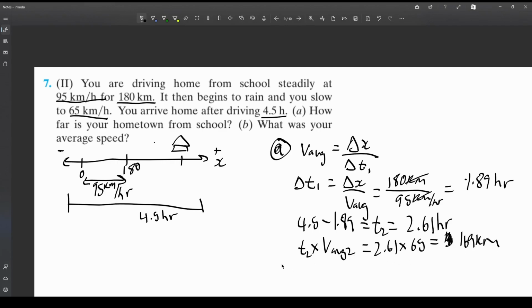And then to find the total distance, we can do delta x is equal to 169 plus 180, which is equal to 349 kilometers. So that's how you solve for part A.